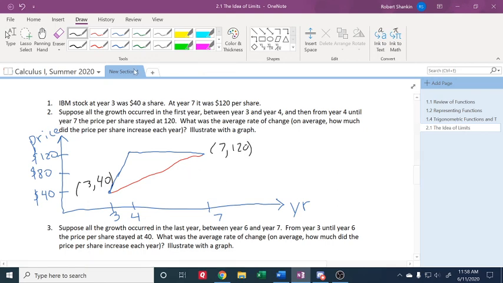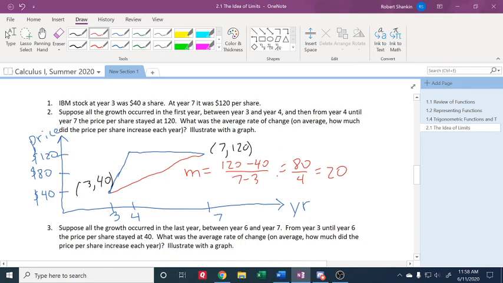So the slope, let's go back to red, the slope is the difference in the y's over the difference in the x's. 80 over 4, which is 20.